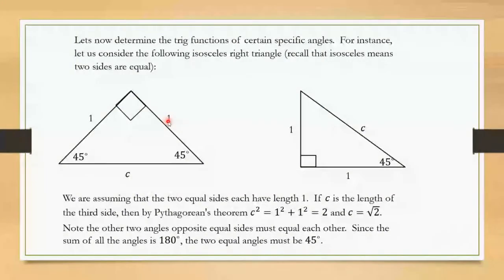I'm just calling it 1 for convenience. Where does this triangle come from? You could take a square of side length 1, or any side length. How does that help us? Well, this is the right angle between these two, so you can imagine taking this triangle and rotating it to get this.